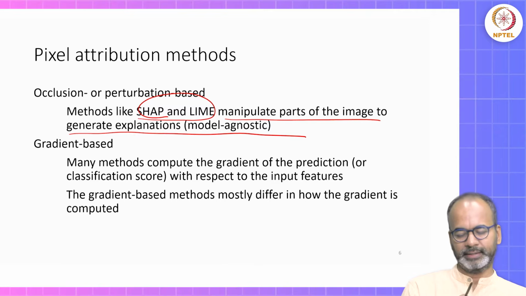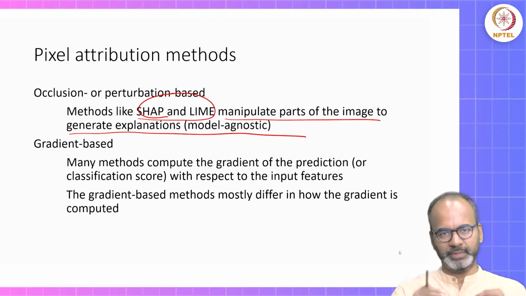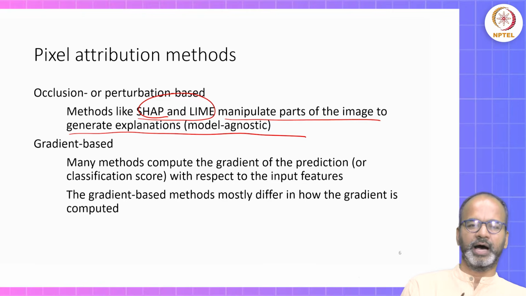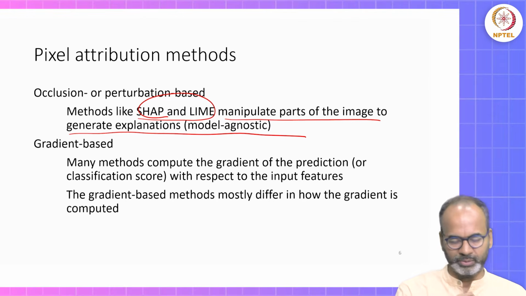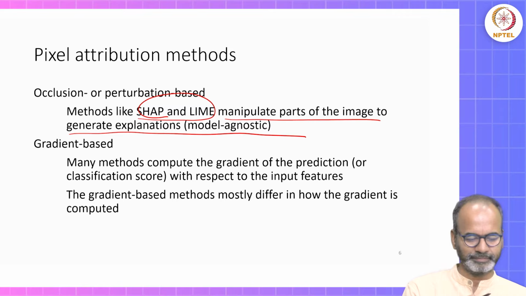It looks at the images and perturbs them a bit to see how you can understand the way the pixel attribution can be done. You will see some examples when we do SHAP and LIME, and you will understand a bit more of the inner workings of how LIME and SHAP are done. But for now, the idea is that under pixel attribution methods, there is this idea called perturbation methods, of which examples are SHAP and LIME.